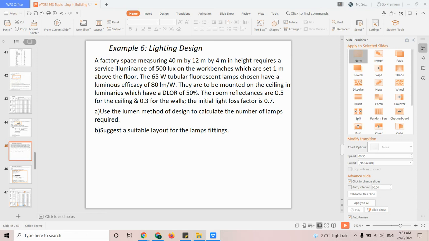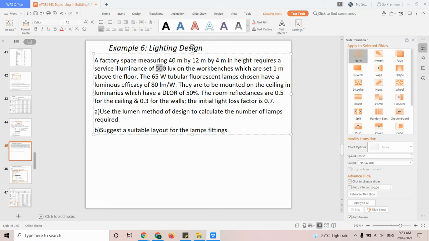So you're given an office space of 40 by 12 meters wide and it's a 4 meter high building. But for work purposes, you'll need 500 lux on the workbench, and it is set 1 meter above the floor.